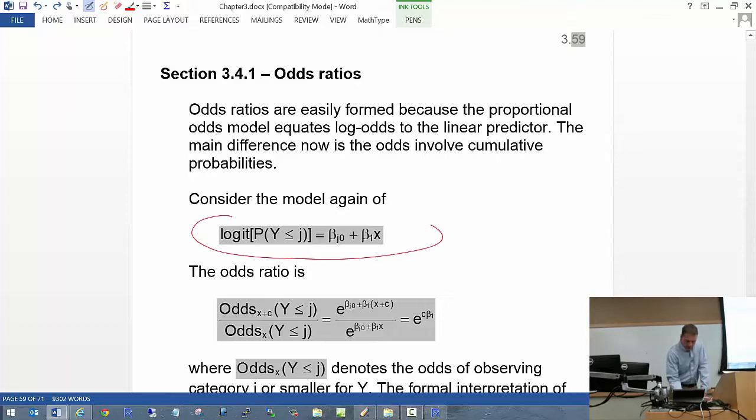So in terms of one explanatory variable, this is what our model will look like, where we model the logit of the probability y is less or equal to j. In other words, this is the log odds, where the odds is with respect to a cumulative probability.